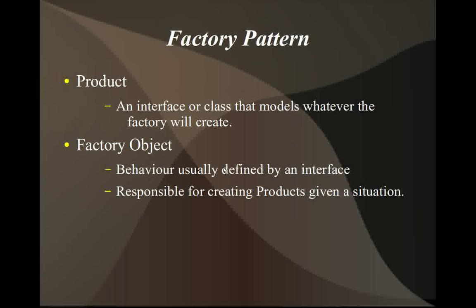And the factory object here is a behavior. Its behavior is usually defined by an interface, and this is something stylistic. I mean, you can define a factory even without using any abstract classes, without using an interface. Just write a factory class. In this example, we'll be using an interface though, so keep that in mind.